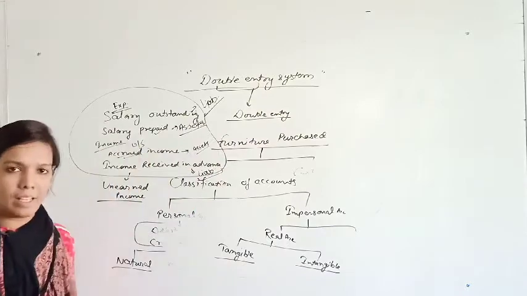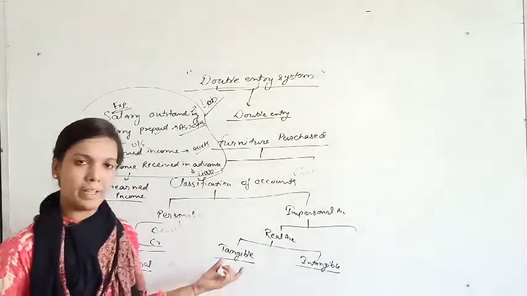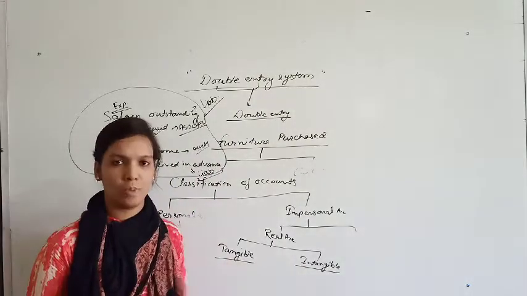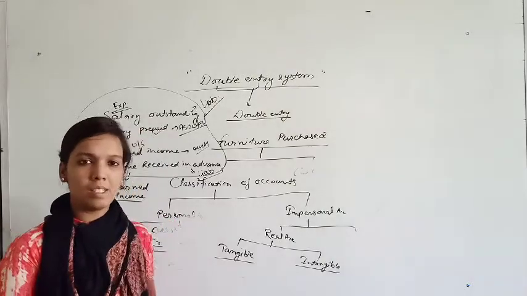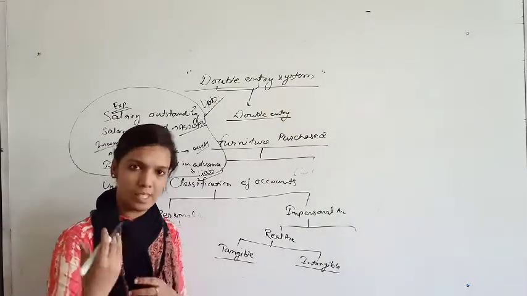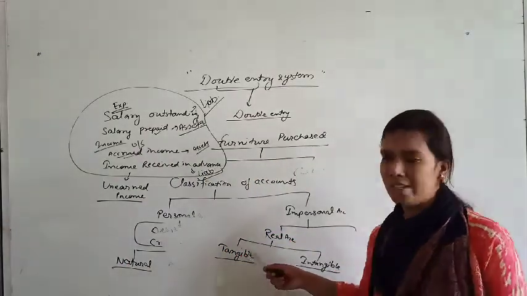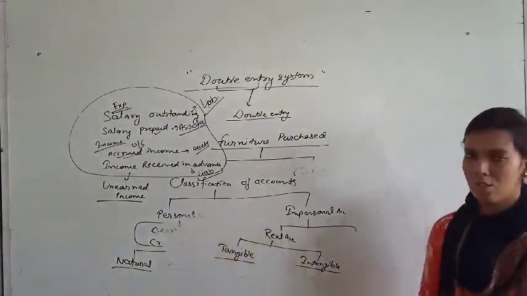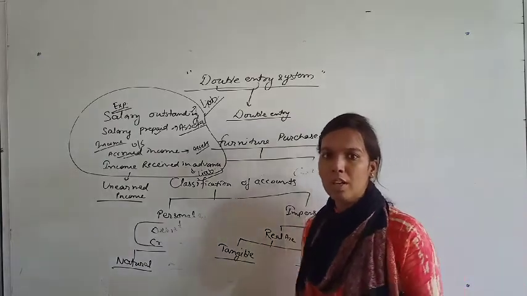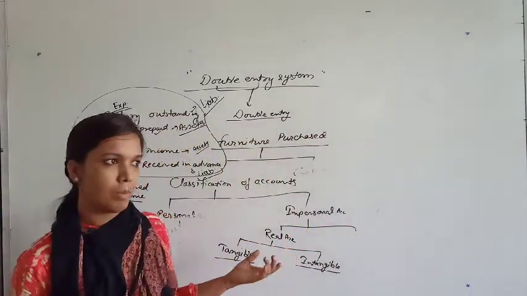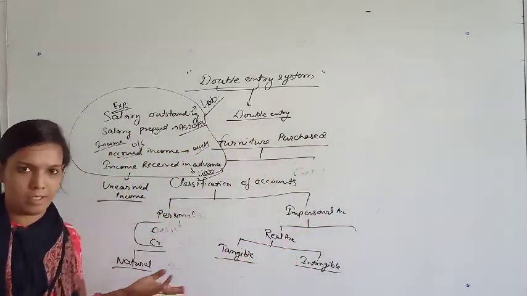So your account will be tangible real account or intangible real account. Tangible means those assets which we can see or we can touch them easily, that will be termed as tangible assets. But intangible assets cannot be touched or cannot be seen. So these will be termed as intangible assets.